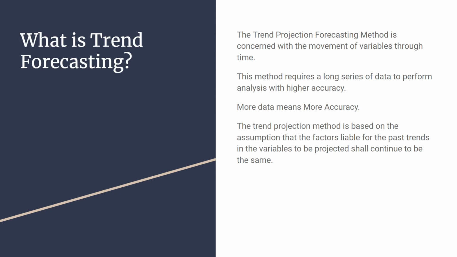So why do we even need these trend forecasting methods? This method is useful for companies to come up with or change any of the ideas, operations or methods that the company has been following.